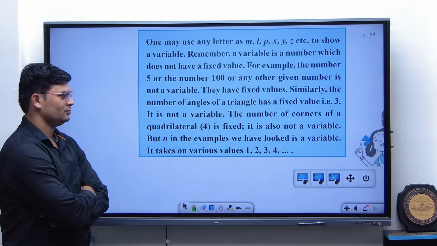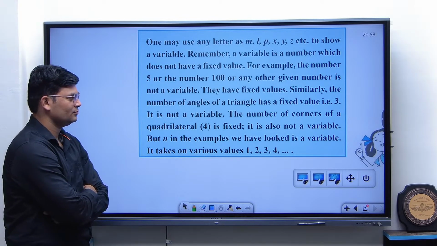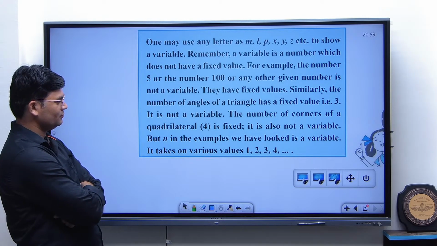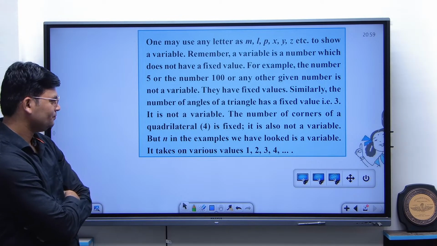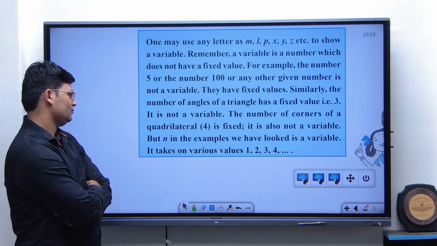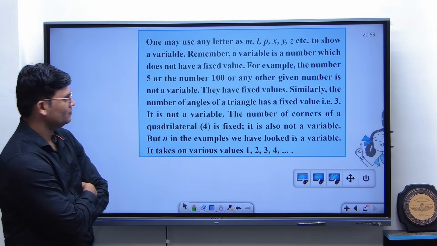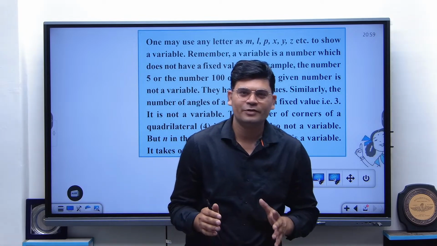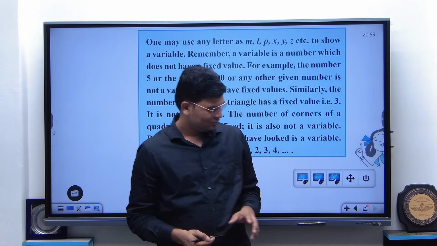For example, 3, it is not a variable. The number of corners of a quadrilateral, 4, is fixed. It's also not a variable, but n in the example we have looked at is a variable. It takes on various values, 1, 2, 3, 4. So you understood the difference between a variable and the fixed values? Great.